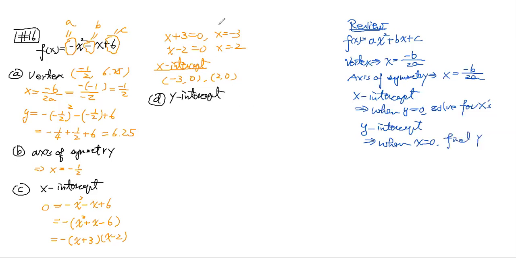So that's pretty easy. y is equal to negative 0 squared minus 0 plus 6. So the y-intercept is 6. So we write the y-intercept as 0, 6.